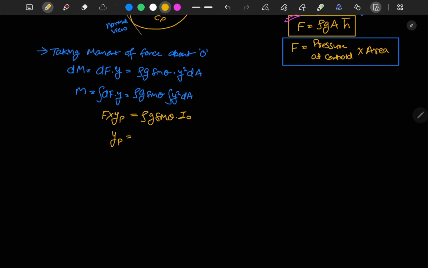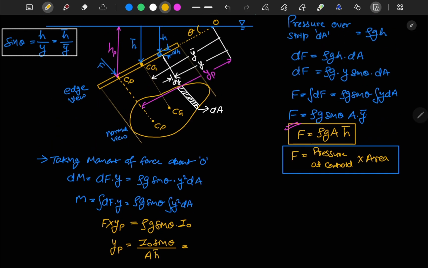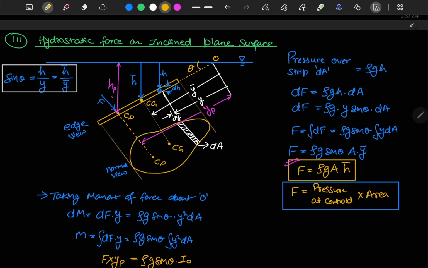So what will I get? I will get I naught sine theta divided by A h bar. And one more thing, here this is yp, and if we have to calculate hp, let me extend one more part here.